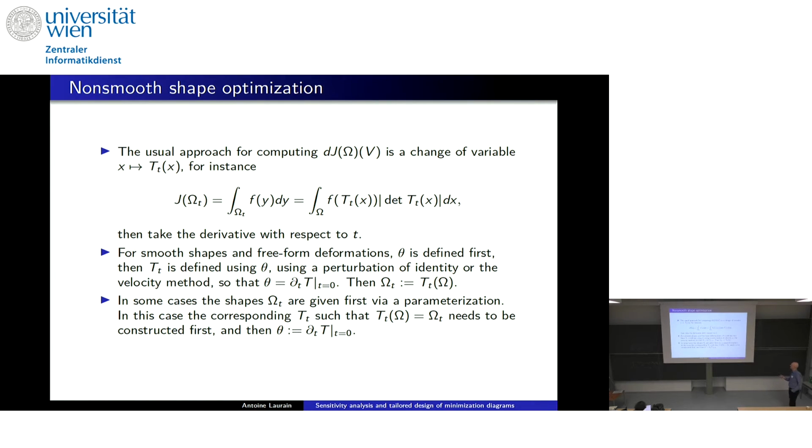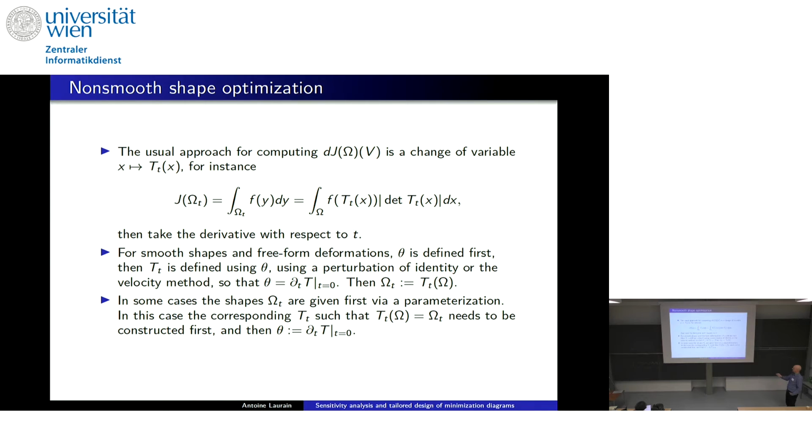So let me explain how this works in the context of this minimization diagram. What we are used to in shape optimization is that we compute the derivative basically like this, doing a change of variables using the fact that omega of t is the image of some application, capital T, which is parameterized by a small time t.